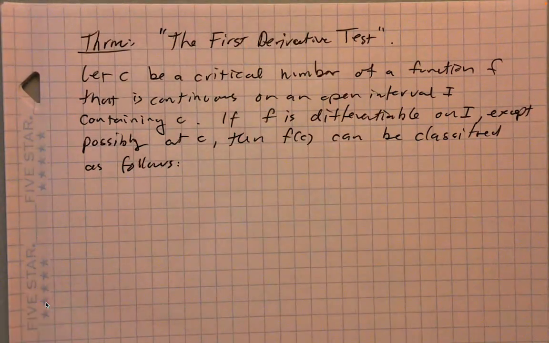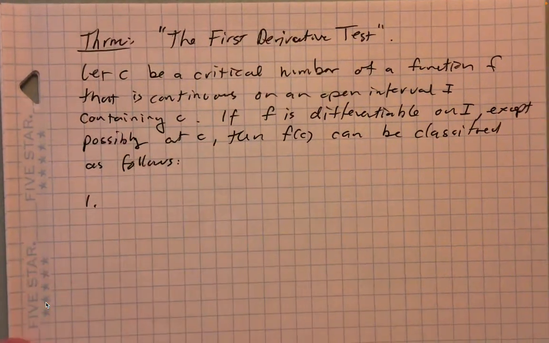Okay, so let c be a critical number of a function f that is continuous on an open interval I containing c. If f is differentiable on I, except possibly at c, then f of c can be classified as follows. So two cases here, two classifications.